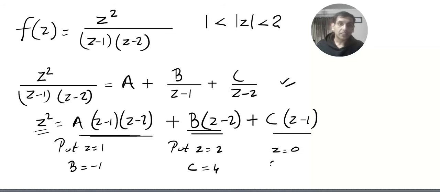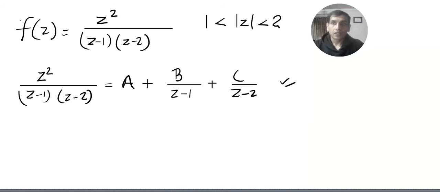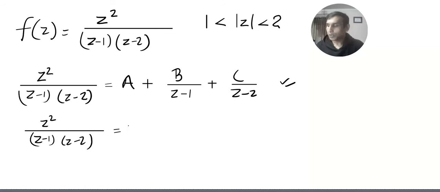So 0 is equal to 2a minus 2b minus c. Now I know the value of b and c, so I can solve for a, and I got a equal to 1. So look at this. I'm going to write z square by (z minus 1)(z minus 2) is equal to, that means the given function equal to, a is 1 and b is minus 1 and c is 4.